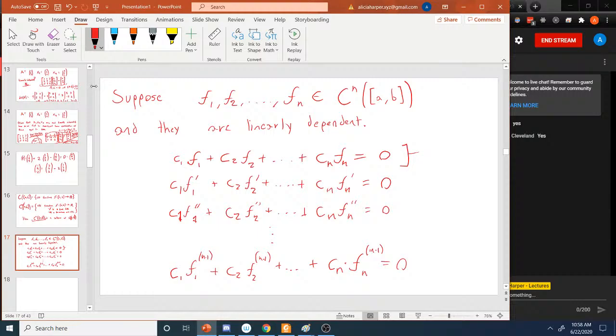So from my one linear dependence relation, I have produced a whole list of other linear relations obtained by differentiating.